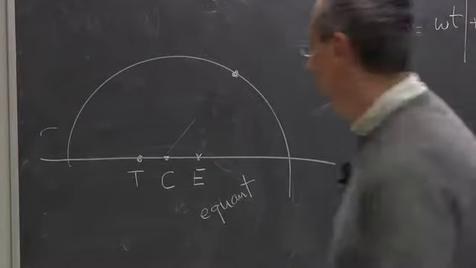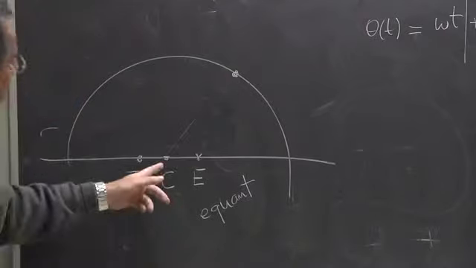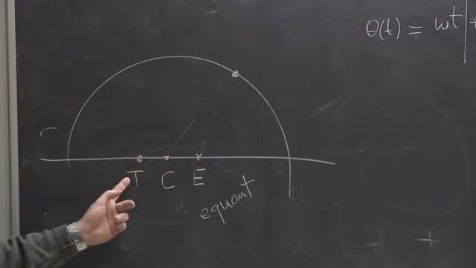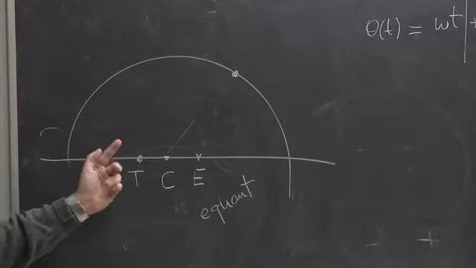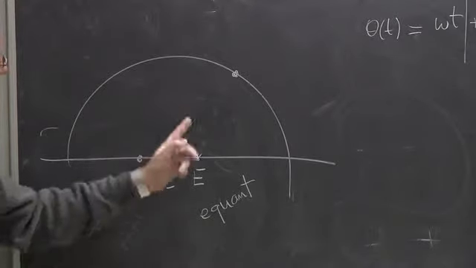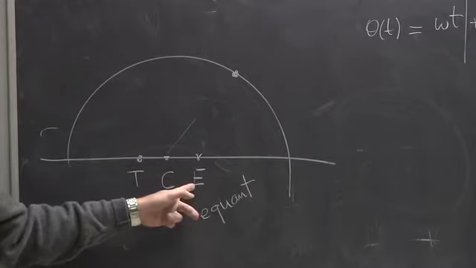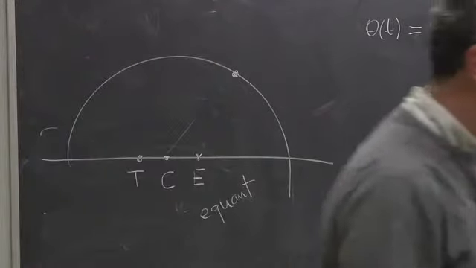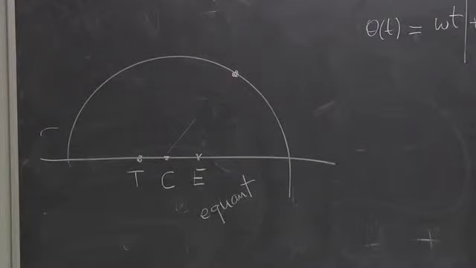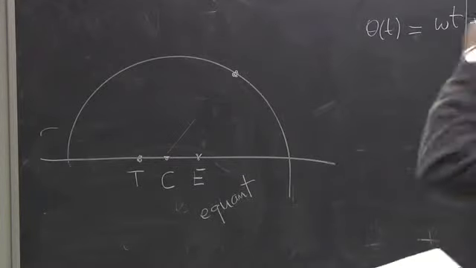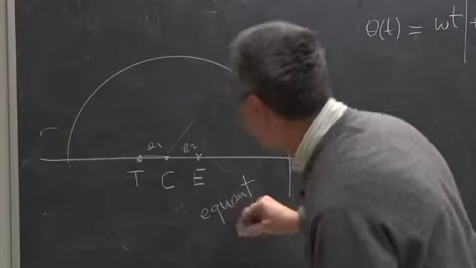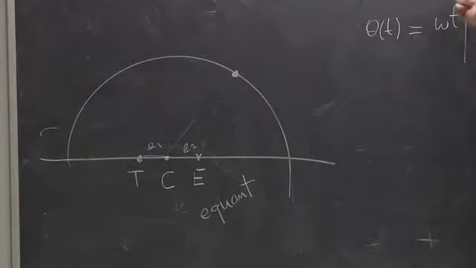So this is really weird. It's moving about a circle that is not centered on the Earth, with a speed that is constant as seen from a third point that I call the equant. If you do these three assumptions, you call this distance here E1, and this distance here, I call it E because it's related to the eccentricity.